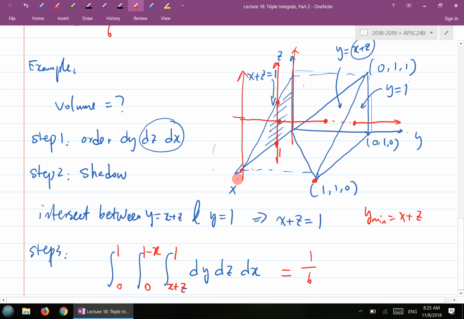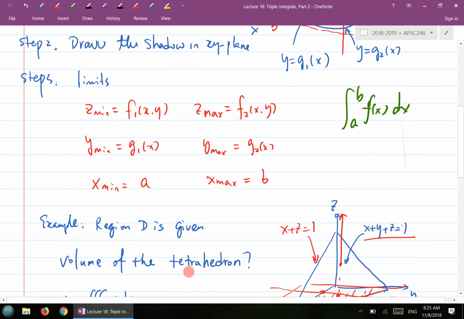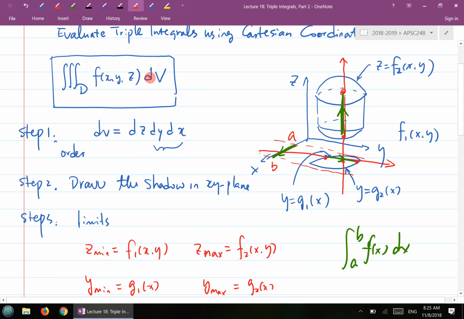Yes? Why is our function just 1? Which function? Like the function that you're integrating after x, y, z. I see. Yeah, because in that question we're looking for the volume of this region D, right? To find the volume, as you can see, if I set this function to be 1, basically this is a triple integral general formula, right?